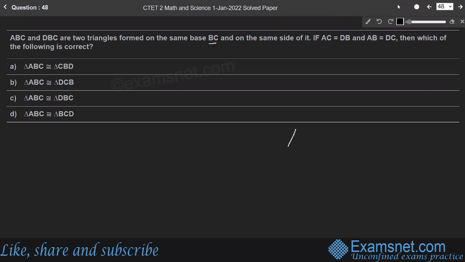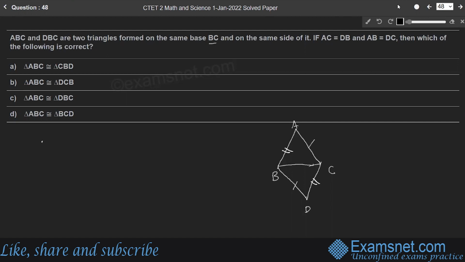Consider triangles ABC and DBC, where AC is equal to DB, AB is equal to DC, and BC is equal to BC because it is a common base.